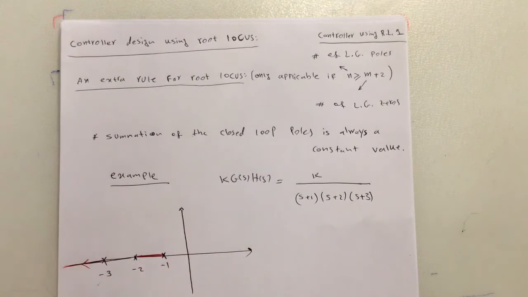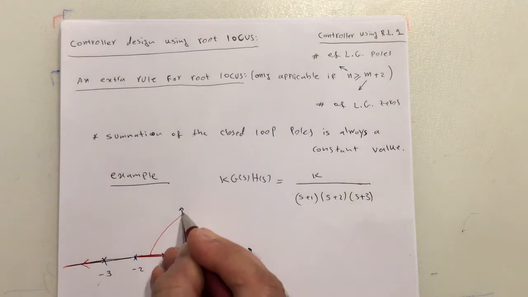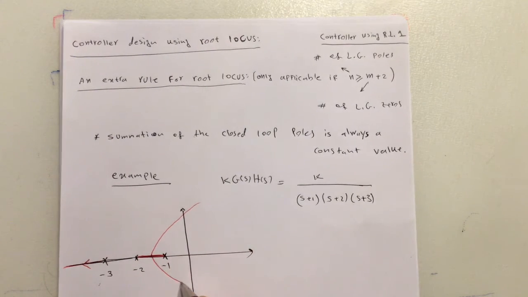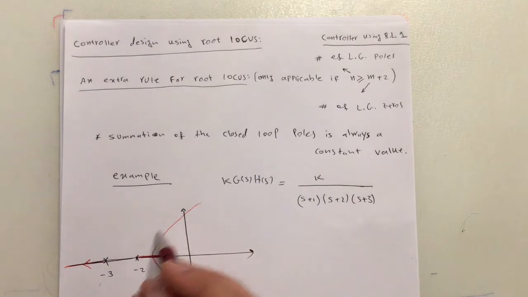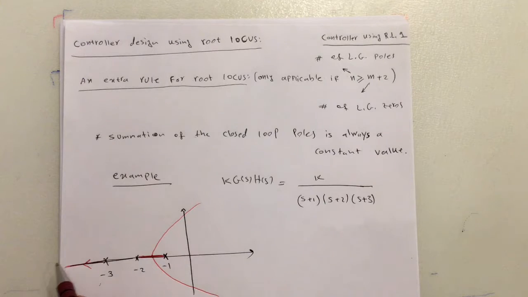So one of the closed loop poles is moving to -infinity on this line, and these two meet somewhere in between, and then we of course have two asymptotes, one at 60 degrees, another one at -60.